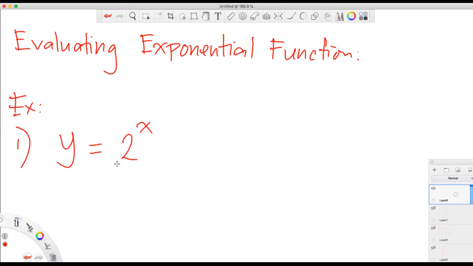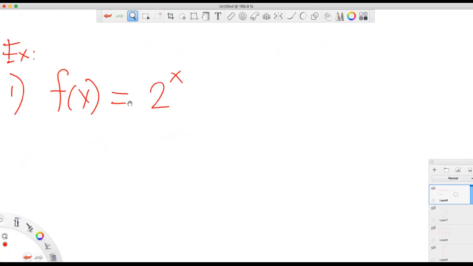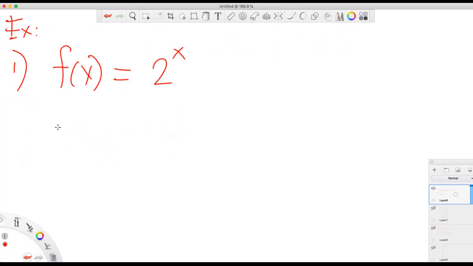And evaluate this function. By the way, the usual way of presenting it is not y, but actually f of x is equal to 2 raised to x. When you are asked to evaluate this function, you are given the value of x.